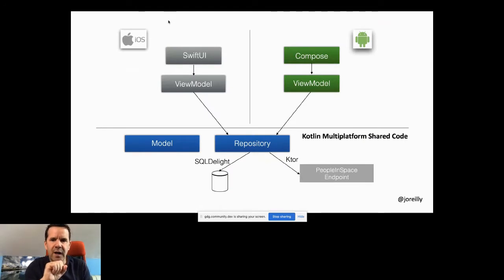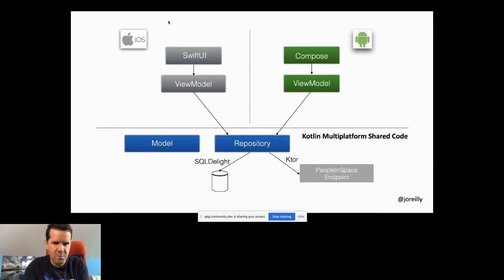So this is the high-level architecture. Again, the multi-platform code obviously is below the line. We're going to create a basic repository, a class that represents our remote endpoint. We're using a Kotlin library called Ktor to connect to the endpoint, and our data model.